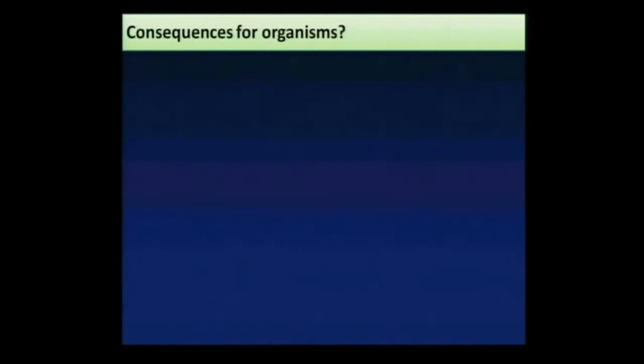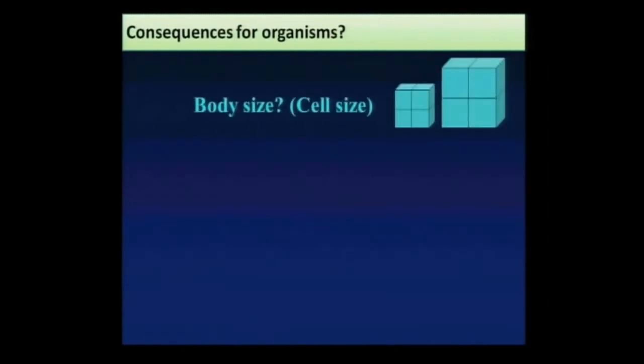So what does this mean for organisms if you've got genome size related to both cell size and cell division? One possibility, if you make every cell bigger and you don't change the number of cells, you'll get a bigger body. And we do have, in some cases, correlations between genome size and body size, mostly in invertebrates.